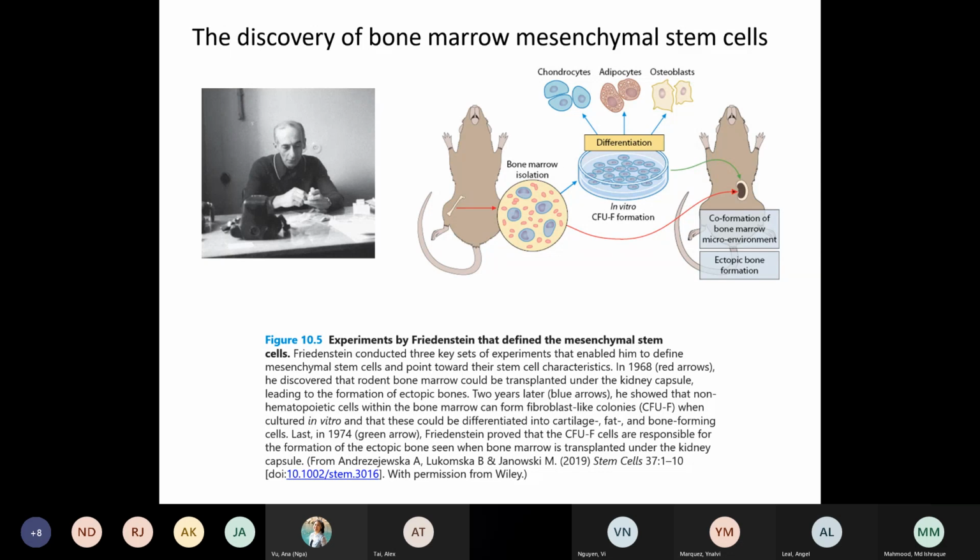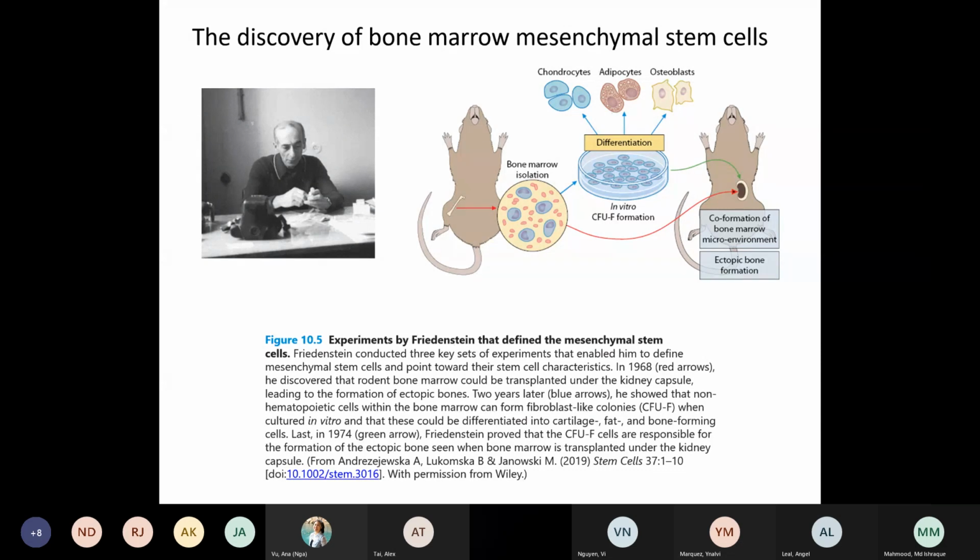So I don't think he named this mesenchymal stem cells, but apparently this is some kind of stem cell there. If you notice the timeline, his work is in 1968.